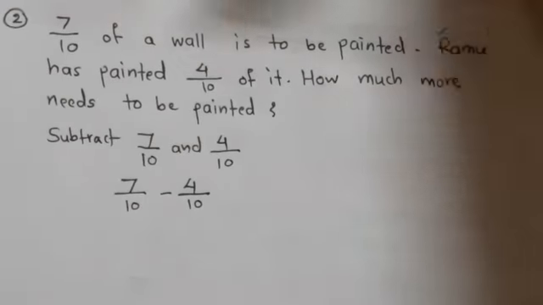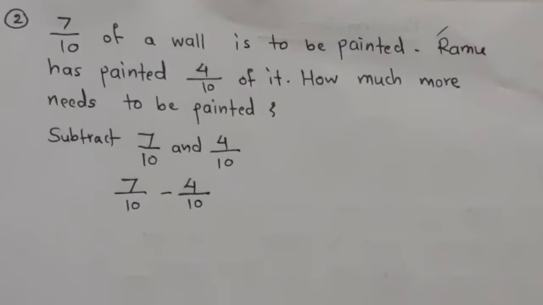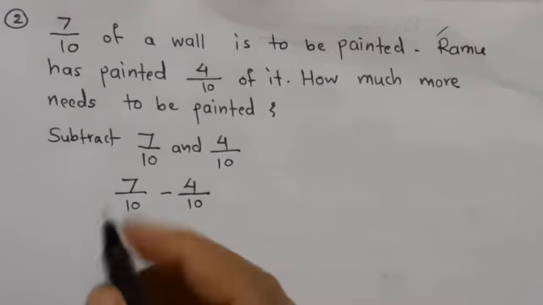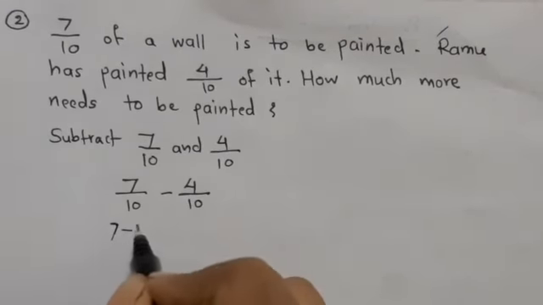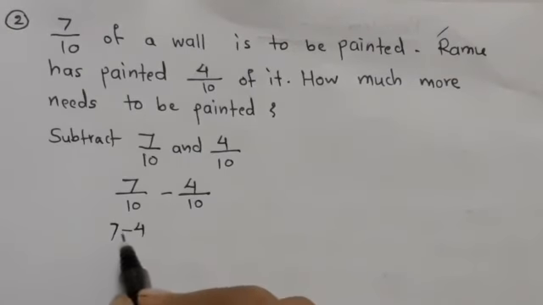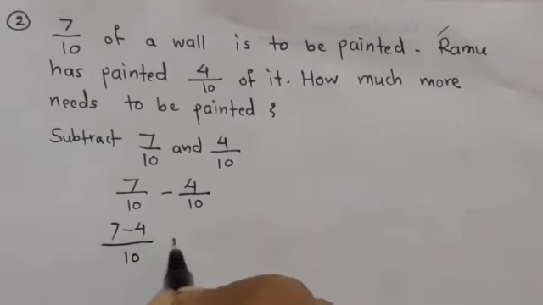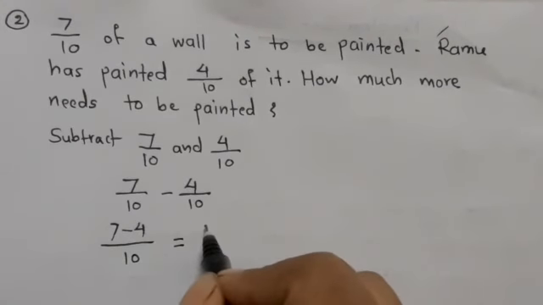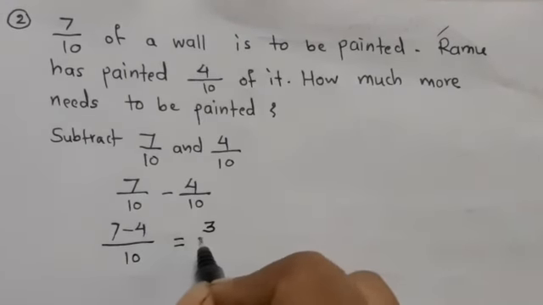When we subtract like fractions, what we do? We write the difference between the numerators in the numerator and the common denominator in the denominator. So, find the difference between the numerators. 7 minus 4, and write the denominator 10 as it is. 7 minus 4 is equal to 3.